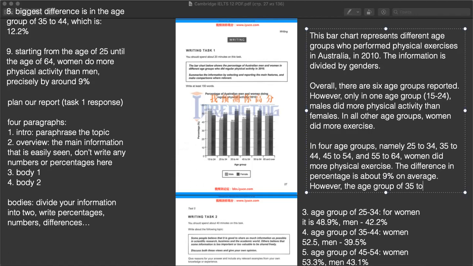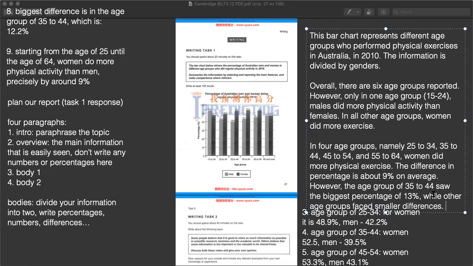This one, right? 35 to 44, saw the biggest difference, the biggest percentage of 13%, while other age groups faced smaller differences.